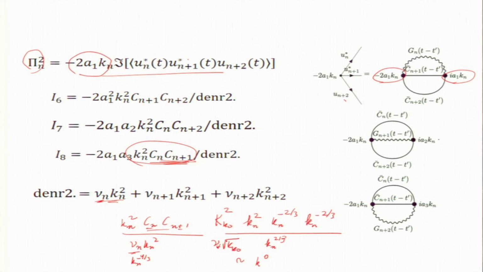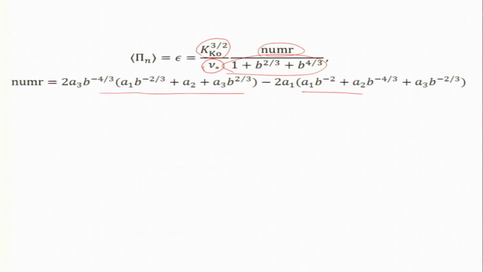If you recall, I said this square root k Kolmogorov was used to cancel things for RG, but it will sit there. So, overall what is the factor for Kolmogorov? k Kolmogorov to the 3/2 by nu star. So, this is the prefactor for the flux. So, flux is constant.